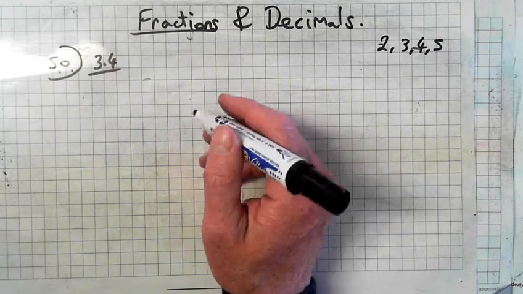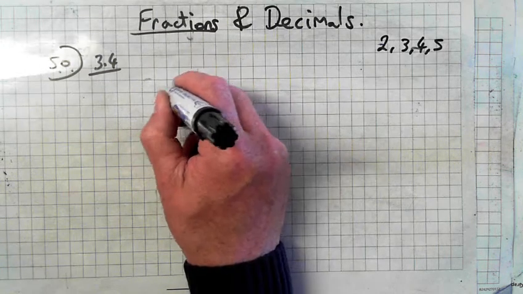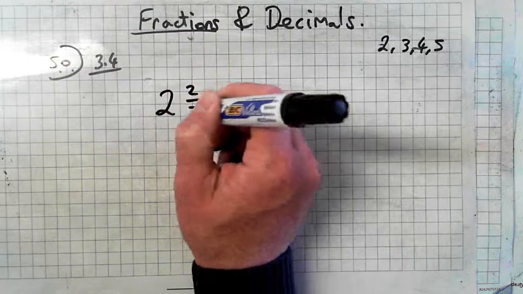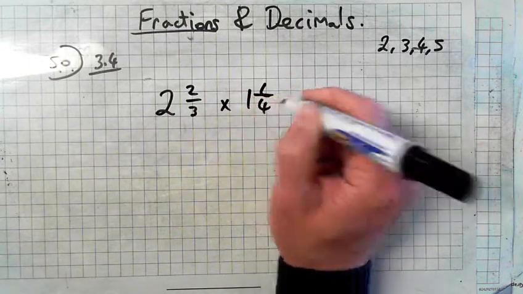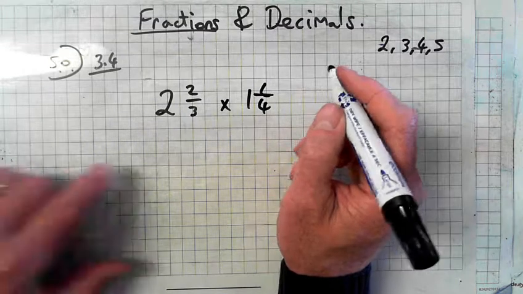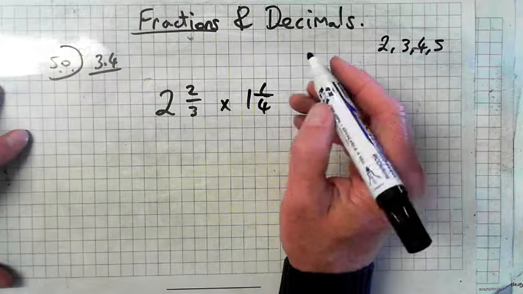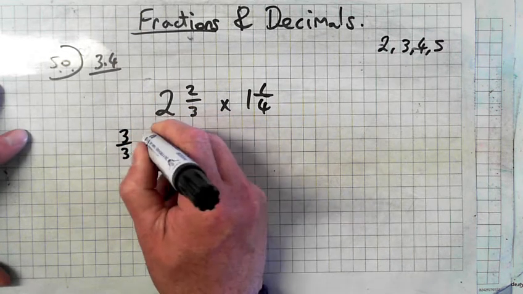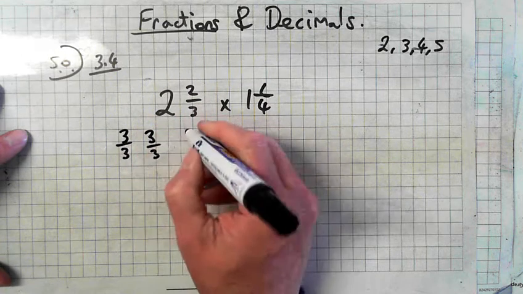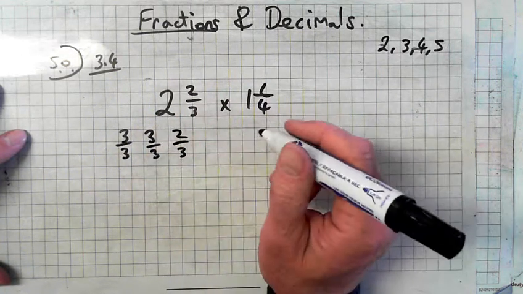Right. So they are proper fractions. What if it was an improper fraction? Or a mixed number times another mixed number. How do I change it from being mixed to unmixed? So one way, how many thirds do I have altogether?